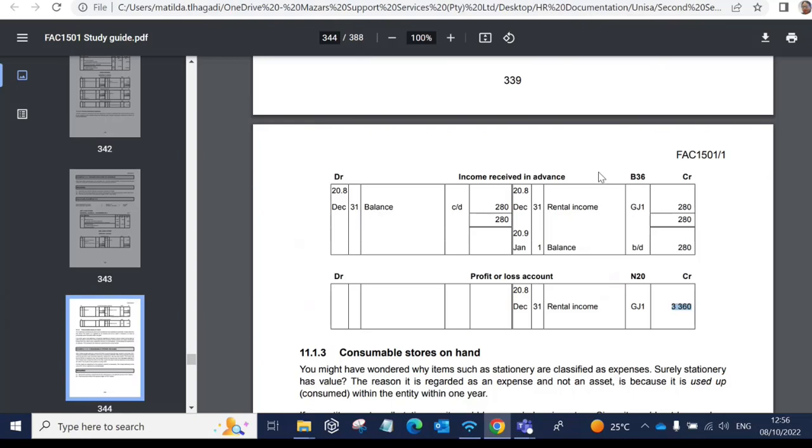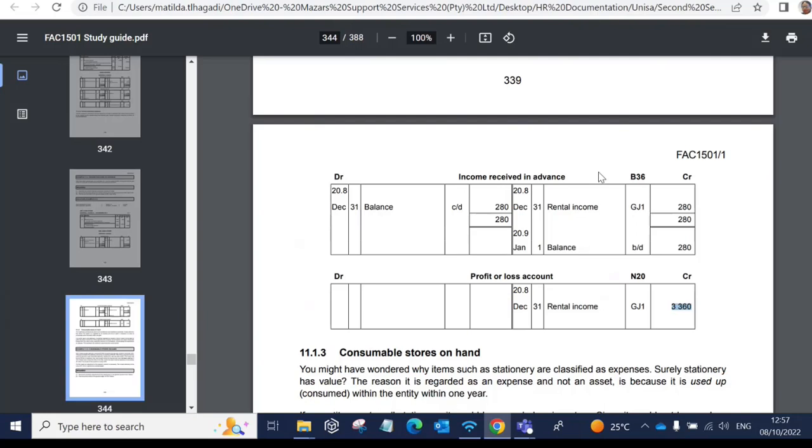Remember, we received rental income in advance, so it was for 13 months, from January to January. So in January the next year, what's going to happen? What entries must we record?